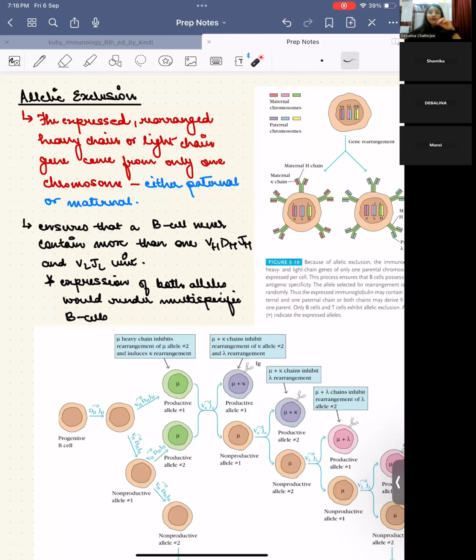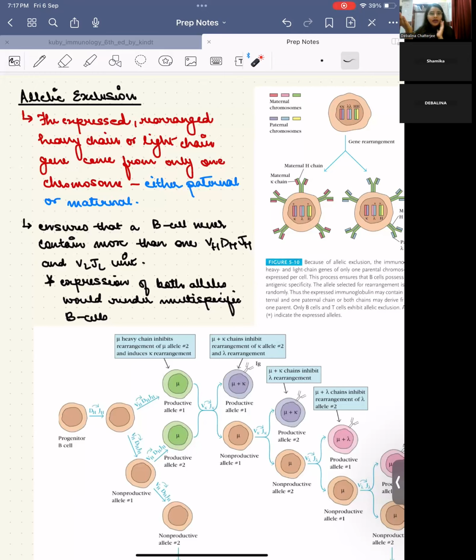Say the kappa chain that forms out of this rearrangement is a non-productive rearrangement and we do not have a functional kappa coded. This is a negative inhibition: whenever a productive, functional transcript forms, this product inhibits the chances of another round of recombination.